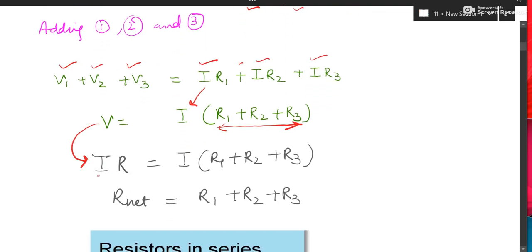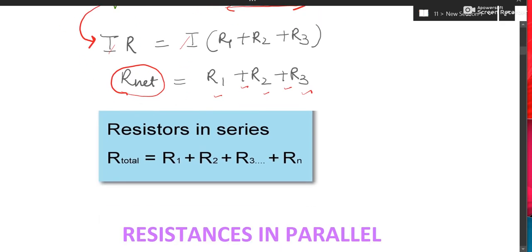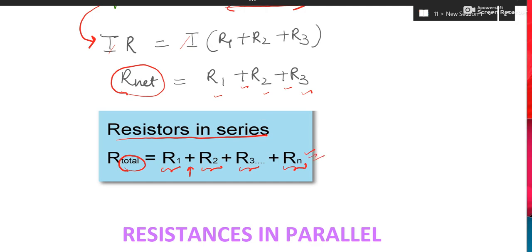So I and I would be cancelled and your net resistance R in series will be equal to the sum of R1, R2 and R3. If 4 are there, then plus R4. So for resistors in series, the total resistance will be the sum of the individual resistances. Suppose up to n resistances are there, so the last value will be the resistance of the nth resistance.